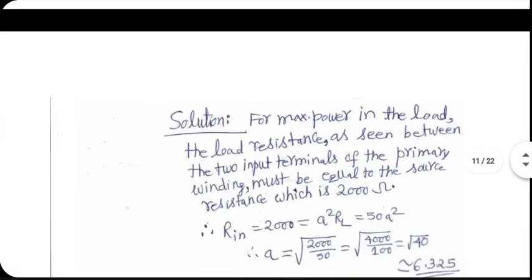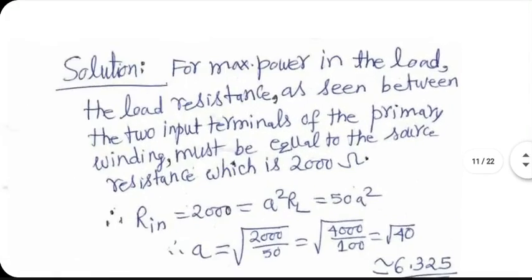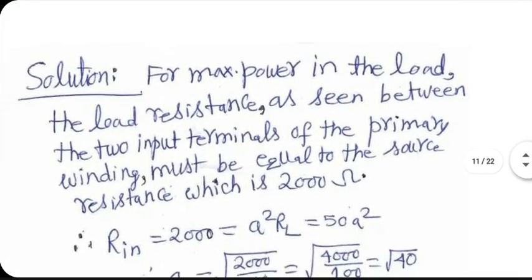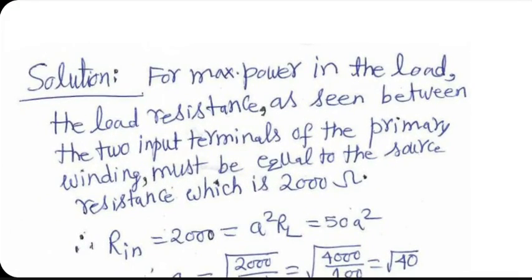Let's see how I did it. For maximum power in the load, the resistance as seen between the two input terminals of the primary winding must be equal to the source resistance, which is 2000. This is maximum power transfer theorem.